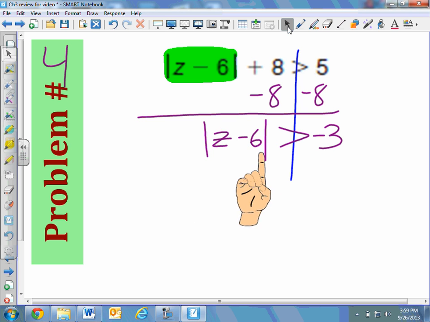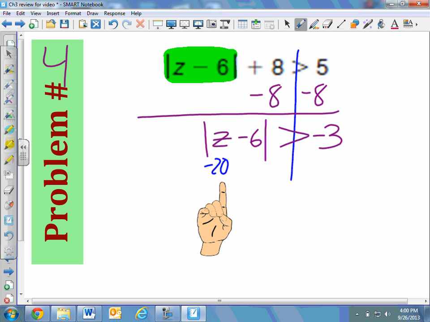This one says that the absolute value of whatever you put in here is going to be greater than a negative 3. Well, let me ask you this. Is there ever a time when you put a number in here that it's ever going to be negative? Like, even if I put a negative number, let's see, what if I put a negative 20 minus 6? Let's just see what happens to that. Negative 26, absolute value of that is positive 26, is greater than negative 3.